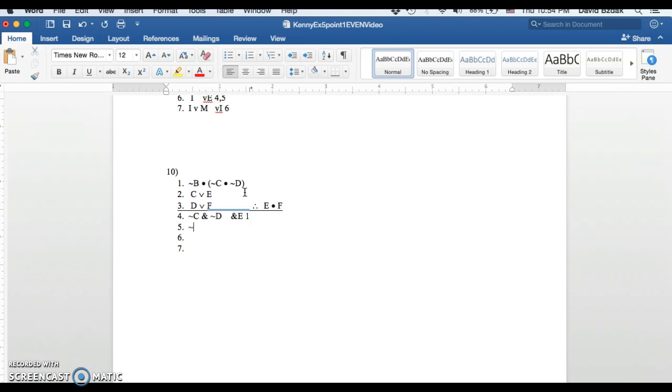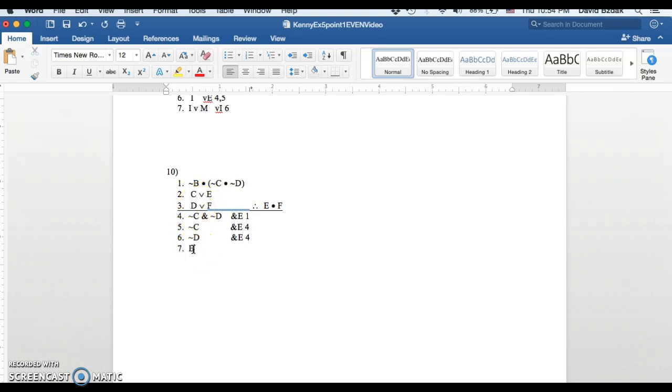Now we can get rid of those. Conjunction elimination of 4. Okay, so now we've got these disjunctions. We have negations of one of the disjuncts.